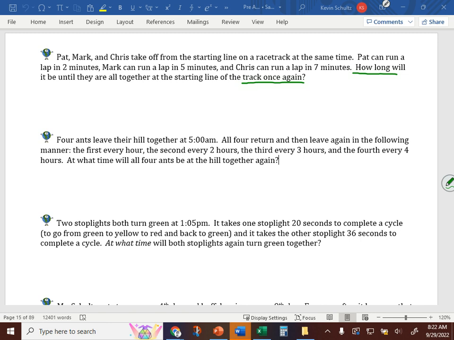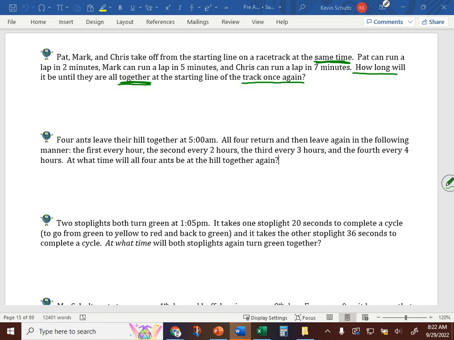So this first one, Pat, Mark, and Chris take off from the starting line on a racetrack at the same time. So they start together, right? They're starting together, and we want to know how long it will be until they are all together again. That's least common multiple. Something happens at the same time. When will it happen again?